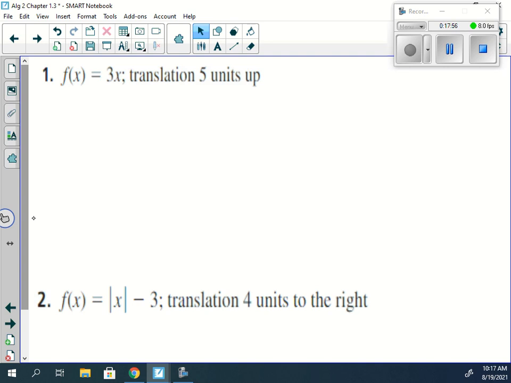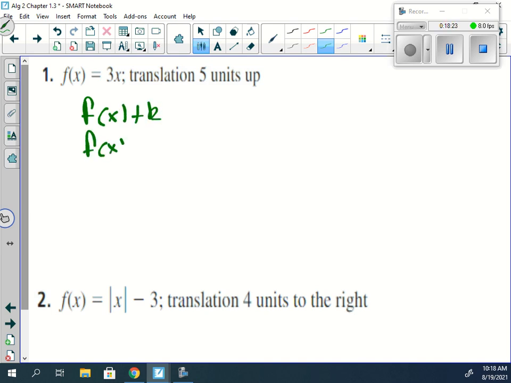Let's look at these two here. Up, down, left, and right, as long as you keep the notation good, you're pretty good. So what would we say the translation of 3x up 5 would be? Actually, that's it. Because if I use the f of x plus k, it would be f of x plus 5, and f of x is 3x.